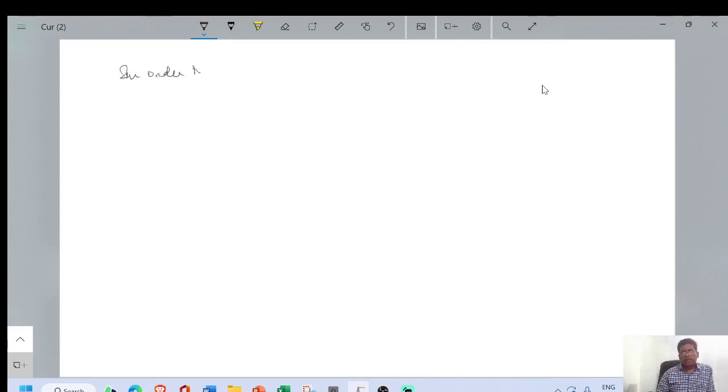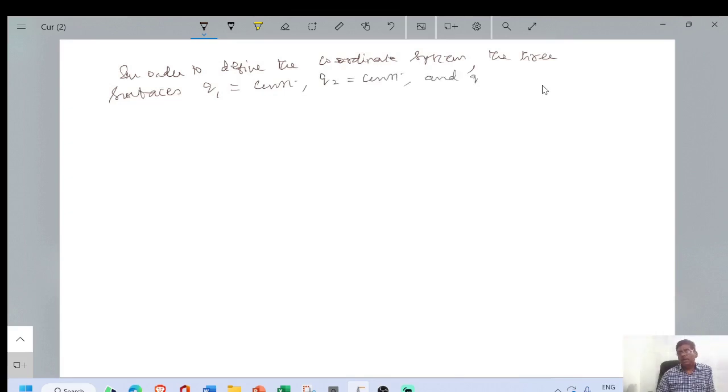In order to define the coordinate system, the three surfaces q1 equal to constant, q2 equal to constant, and q3 equal to constant must be non-coplanar.